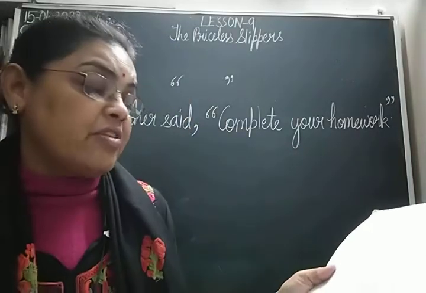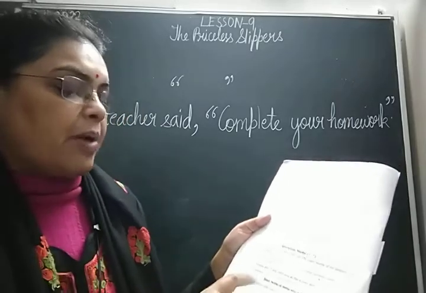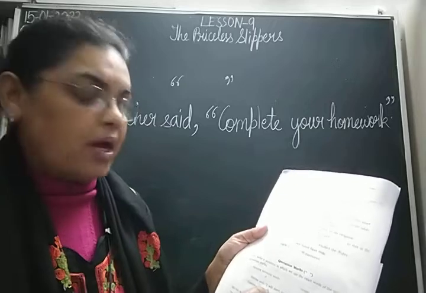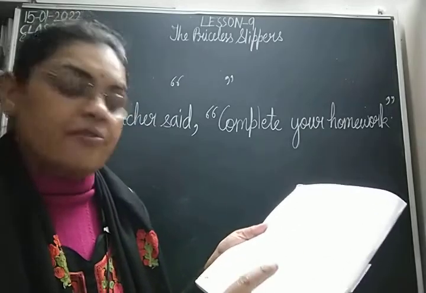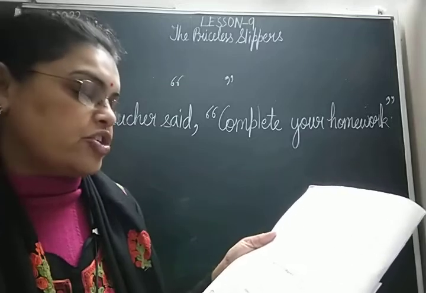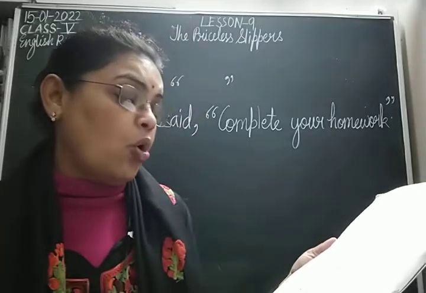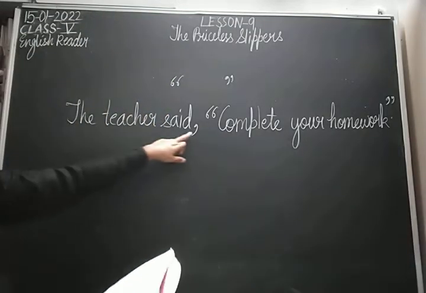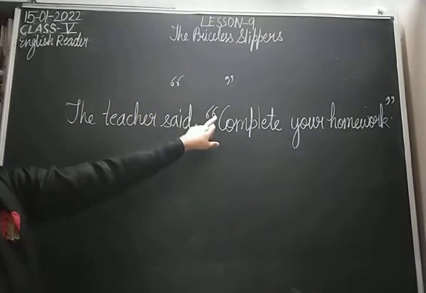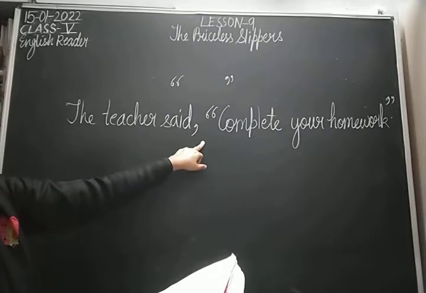Now there is one more example given. Nina said, I will meet you at the school gate. So you can see Nina said के बाद comma, then opening quotation marks. And after the sentence, after the full stop, you need to put the closing quotation marks. Now, we use a comma before the opening quotation marks in the sentence. कभी भी हम open करते हैं quotation marks, उससे पहले हम हमेशा comma लगाते हैं. ठीक है?